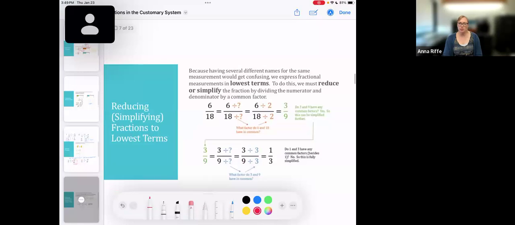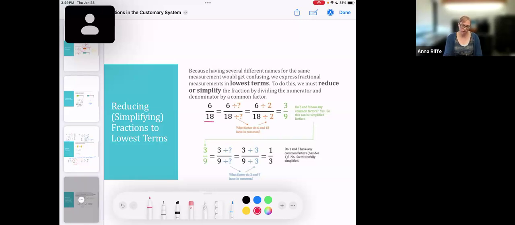And this is helpful because, as mentioned, there are often several different names for the same measurement. And so if we want to not get confused, it's often helpful to express a measurement in what's called lowest terms. And to do this, we reduce or simplify the fraction by dividing the numerator and the denominator by a common factor.